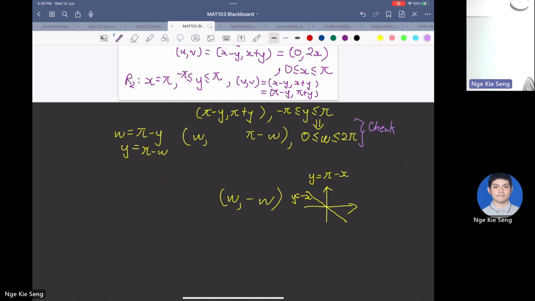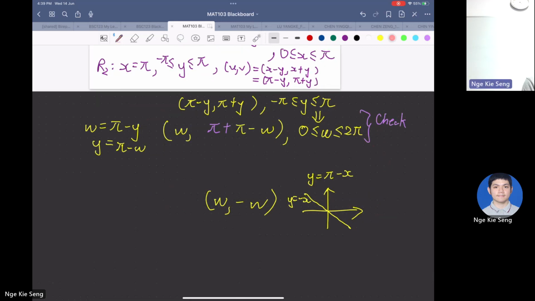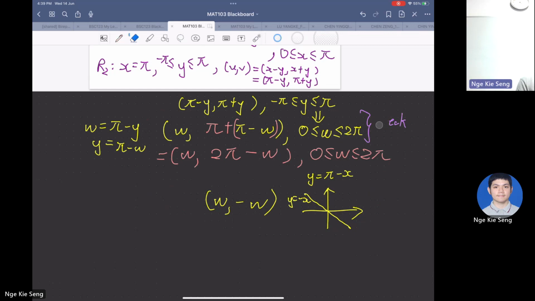Yeah. Okay, I think you are right. So it's pi plus this whole thing plus y. So this is actually w of 2 pi minus w. Okay. Is this a domain change or not? This interval? I think we can check. How about now? How about the rest?